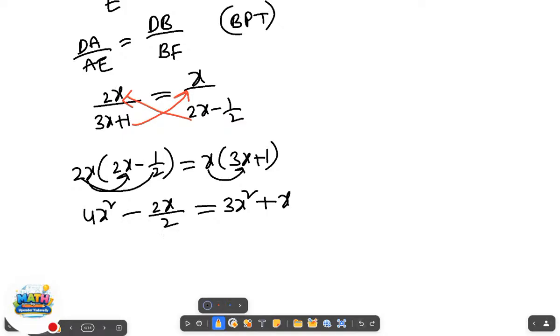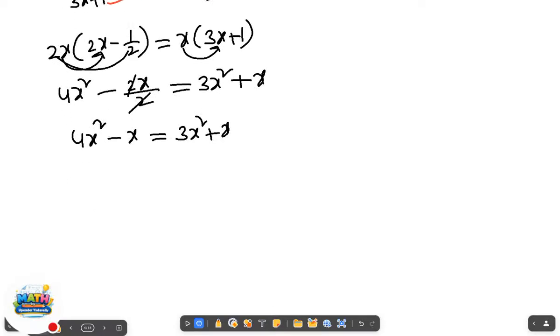Let's cancel the 2. Now what do we have? 4x square minus x is equal to 3x square plus x.